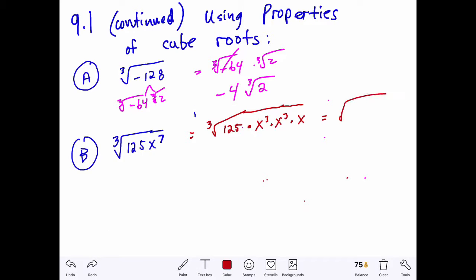Okay, so that's essentially the same as the cube root of 125 multiplied by the cube root of x cubed multiplied by the cube root of x cubed multiplied by the cube root of x. Okay, the cube root of 125 is 5.